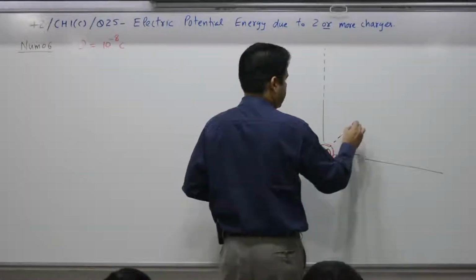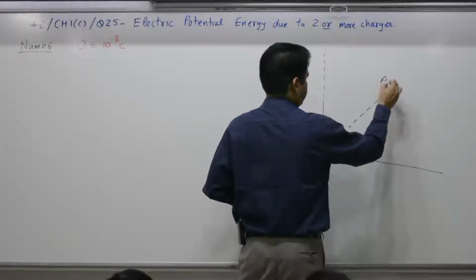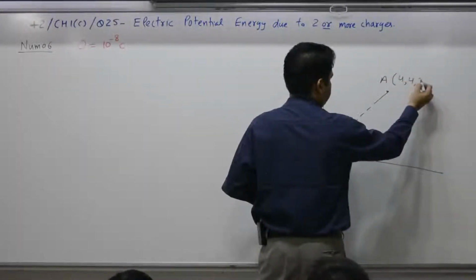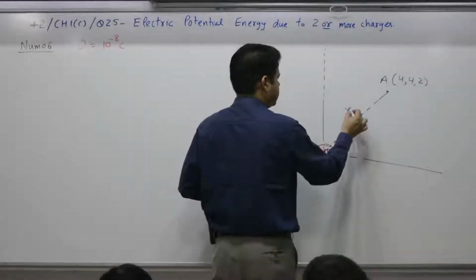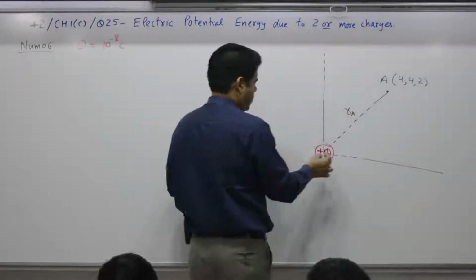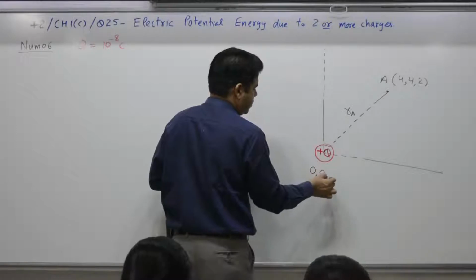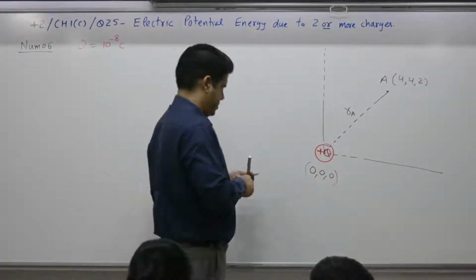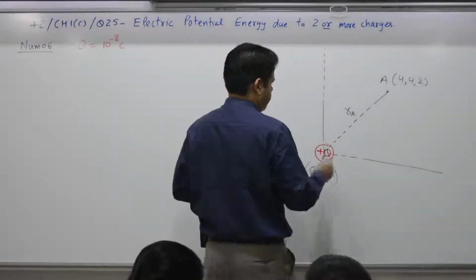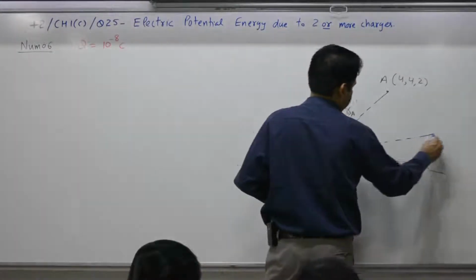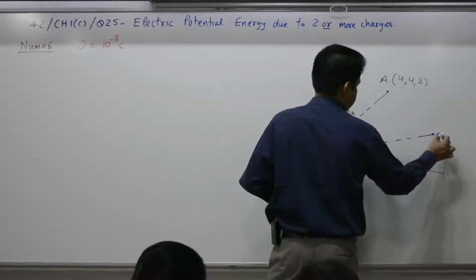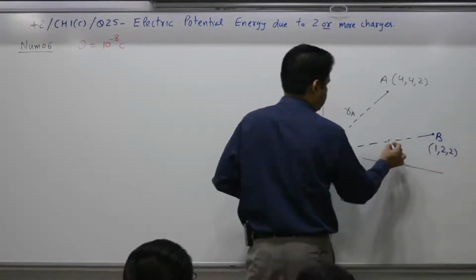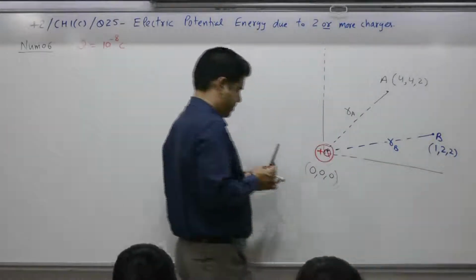Point A with what coordinate? 4, 4, 2. Let this distance be RA. Coordinate of origin, 0, 0, 0. Another point, B, coordinates 1, 2, 2. Let this distance be RB.